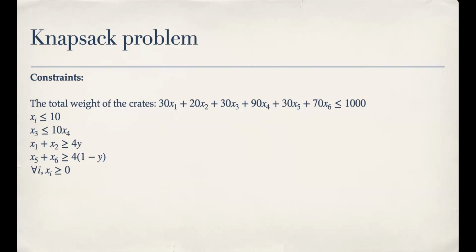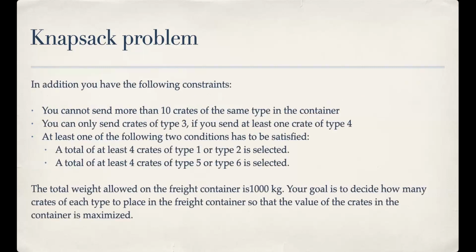We move to the next constraint. You can only send crates of type 3 if you send at least one crate of type 4.